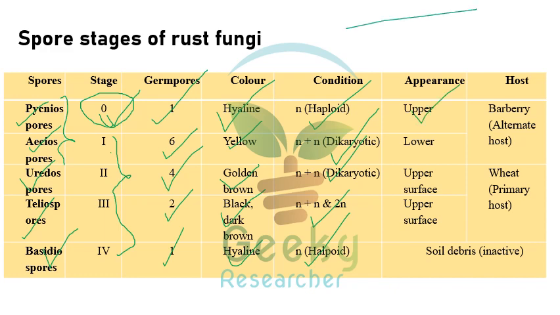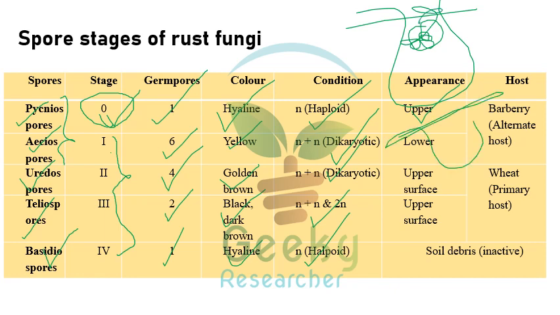As in sexual reproduction, we have seen spermatia. From the spermatia the pycniospores develop, and exactly on the corresponding lower surface the aeciospores develop. That's why pycniospores are on the upper surface and aeciospores on the lower surface. Both happen in the alternate host, barberry.